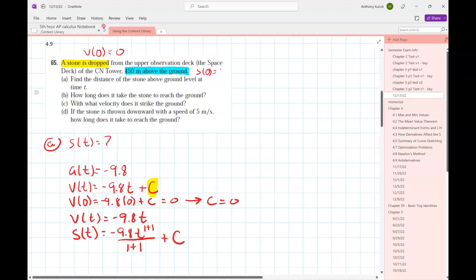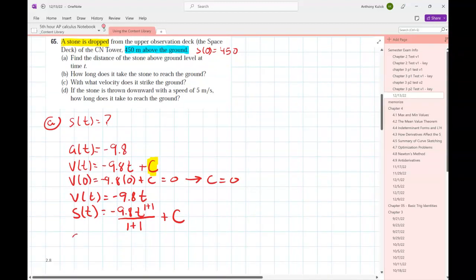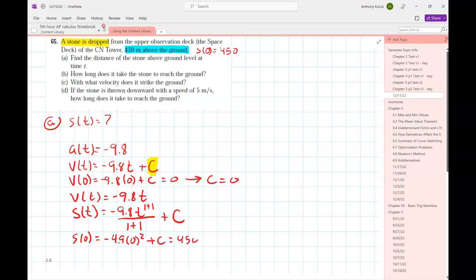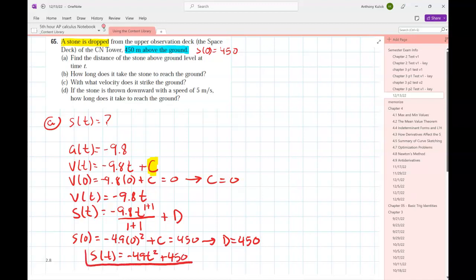So s of 0 is 450. So I know that s of 0 is equal to negative 4.9 times 0 squared plus c, which is equal to 450. Or, well, let's make this a different letter. Let's just make it a d, not wanting to get things confused. So d is 450. So s of t is equal to negative 4.9 t squared plus 450. So that's my answer for part A.